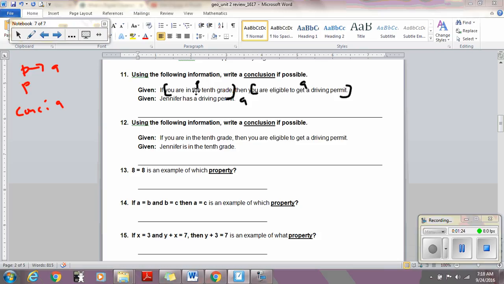The pattern is supposed to be P, Q, P. Right now, the pattern is P, Q, Q. So since it's not following the correct pattern, we have to say no conclusion.